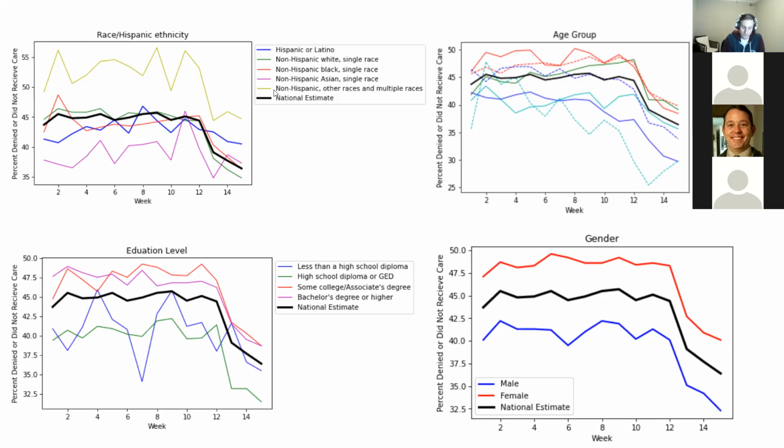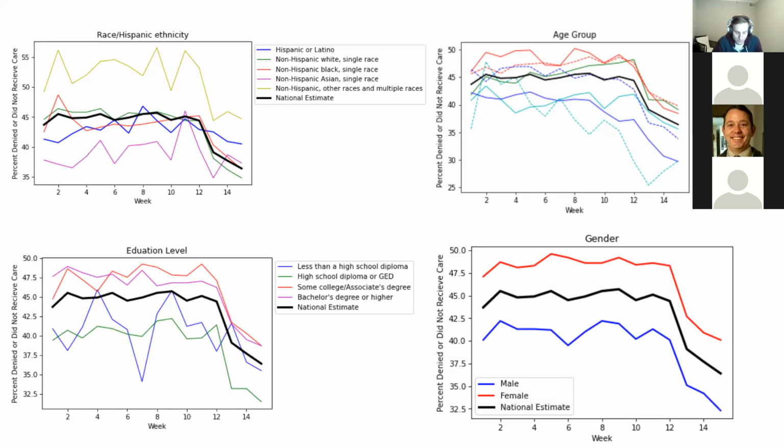Interestingly, multi-race individuals reported higher levels of reduced access to care, the lowest being Asian, reporting the lowest percentage of reduced access to care.